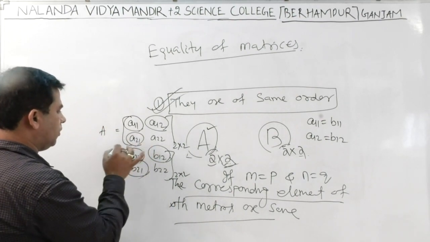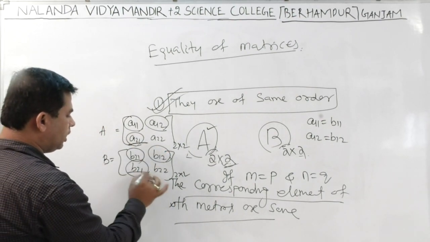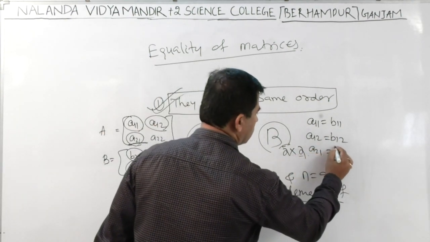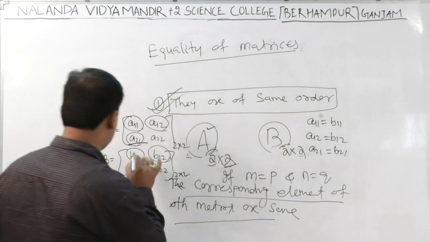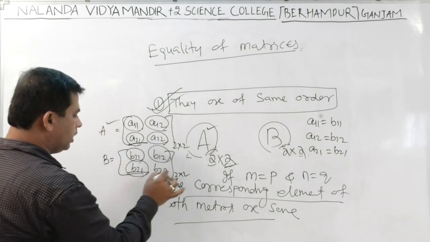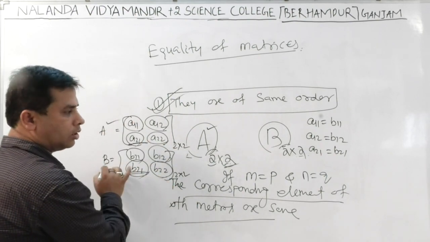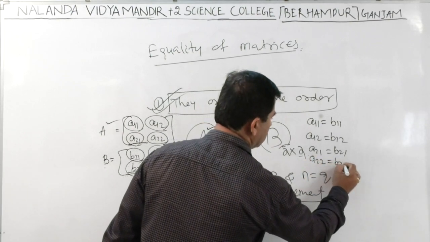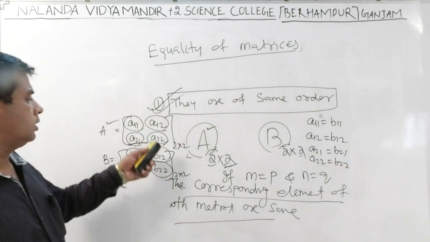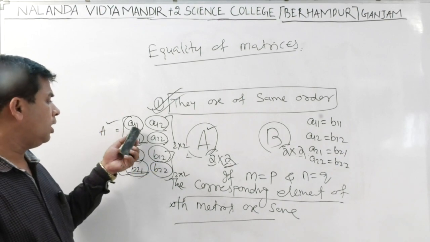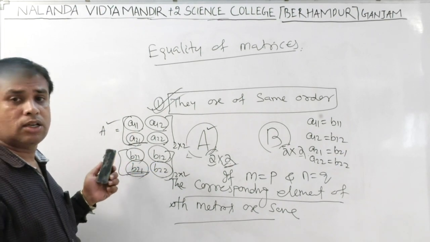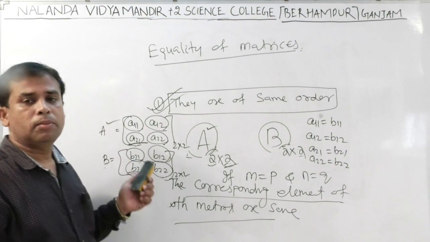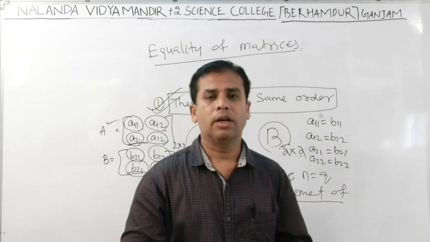Second row first column of A is A21, in B is B21, so A21 is equal to B21. Similarly, second row second column of A is equal to second row second column of B, that is A22 is equal to B22. Every element of A is the same as the corresponding element of B. Then we say A and B are equal.